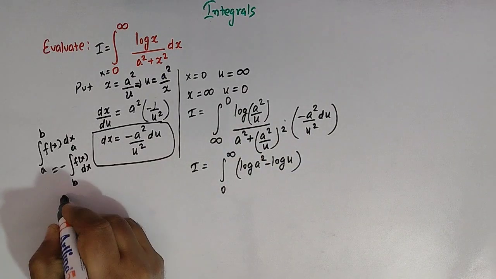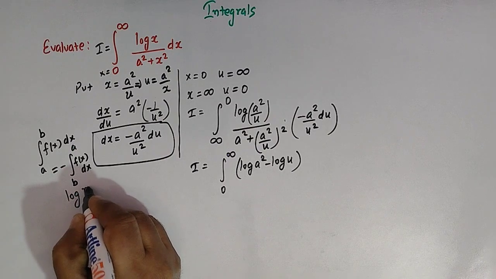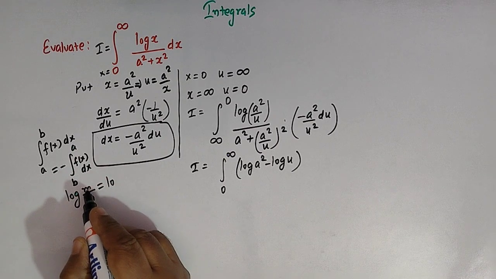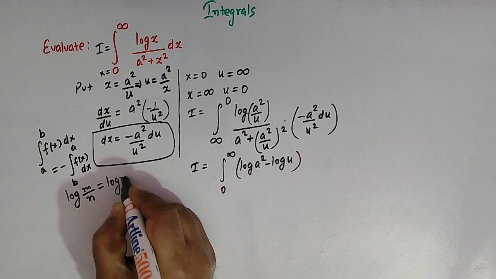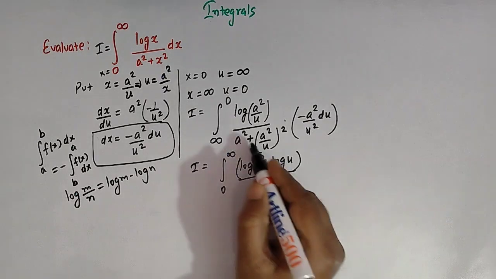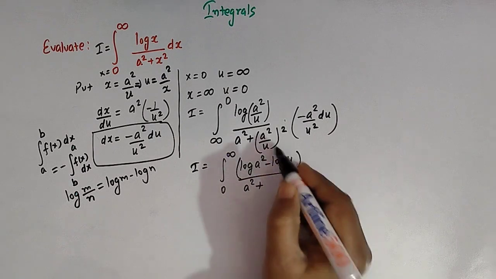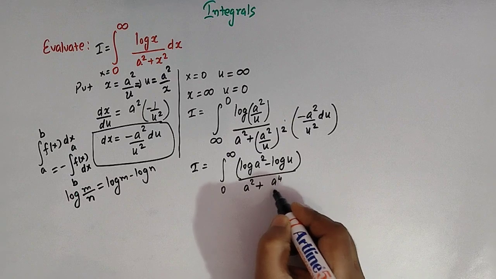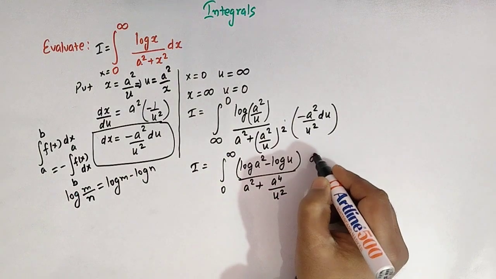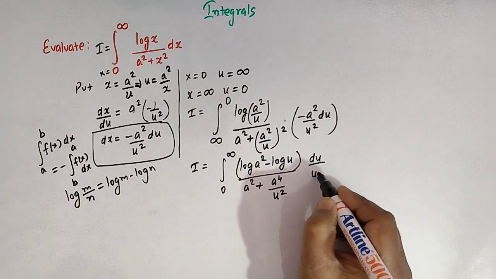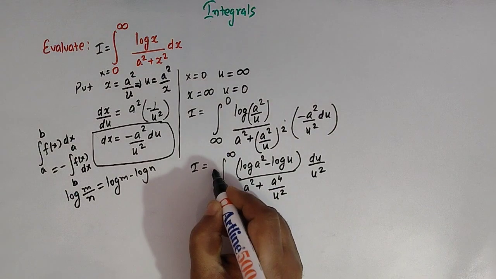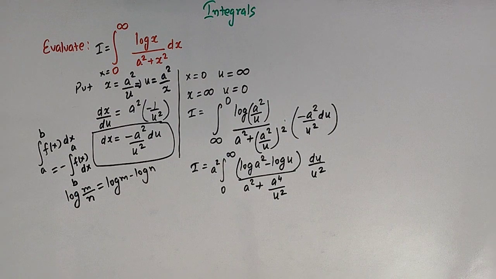Here we have used the property of logarithm, that the log of m over n is the log of m minus log of n. And in the denominator we have a square, and here we have a raised to 4, and this is u square. And here we have du over u square, and we can take this a square outside the integral.